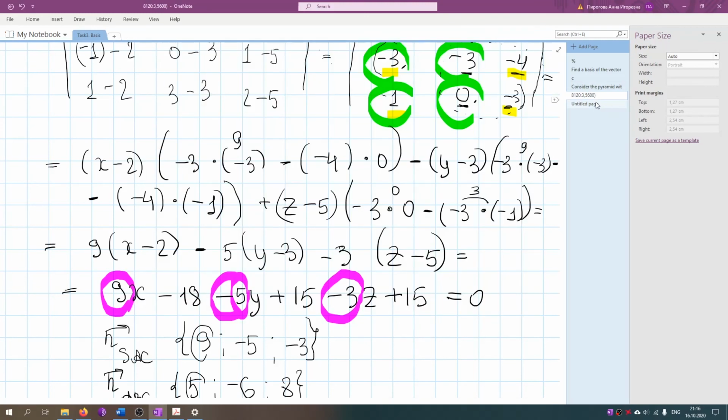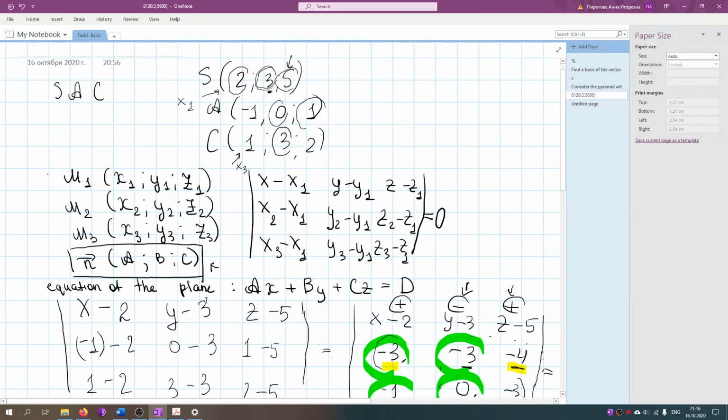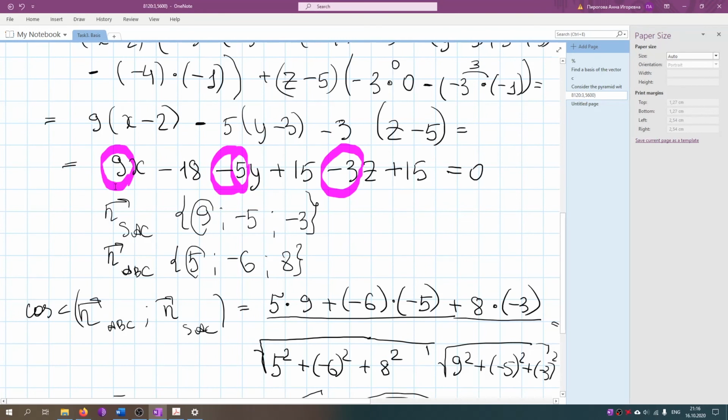So speaking about part B, where we have to find an equation of the plane SAC, we can go back to our part A, and actually we did find the equation when we were finding the coordinates of the vector. So here is our equation.